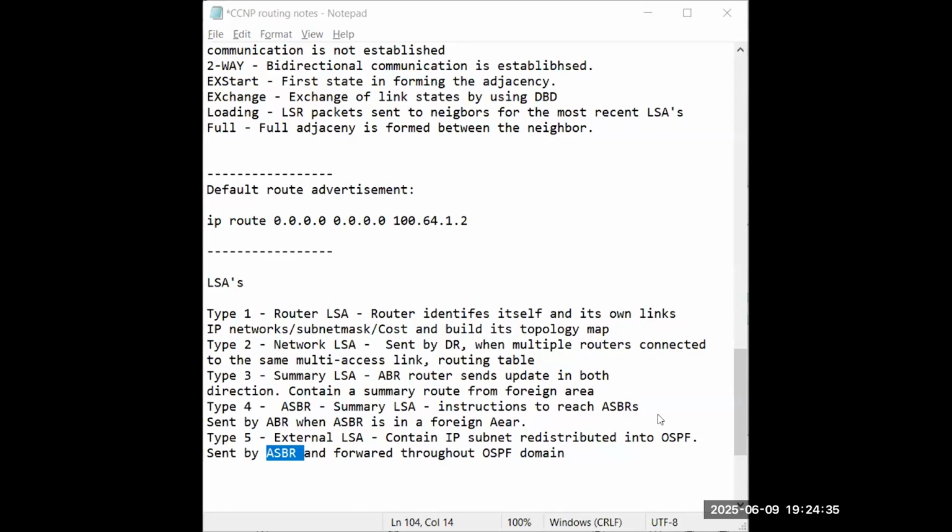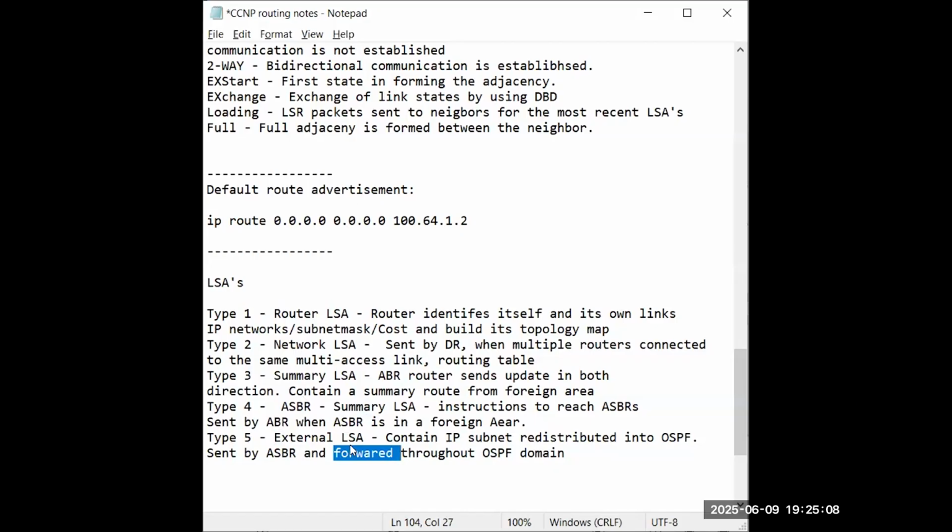So you have to remember this sequence. Type 1, 2, 3, 4, 5 is fine, but what is type 1? It starts with router, network, summary, ASBR, and external. After router, network comes. After network, summary, which is nothing but ABR, then ASBR, then external. If you remember it likewise, it will be easy.